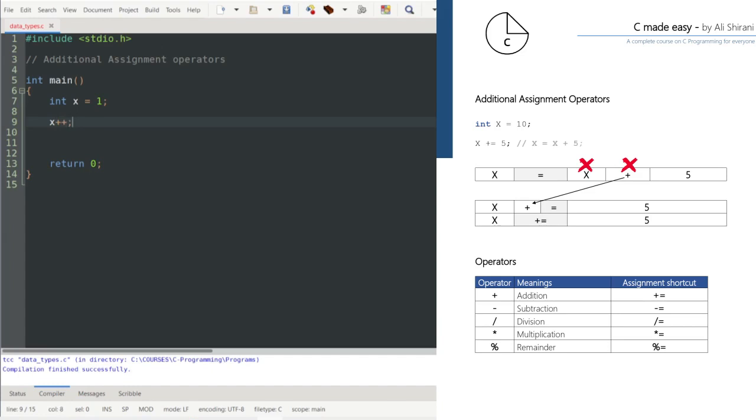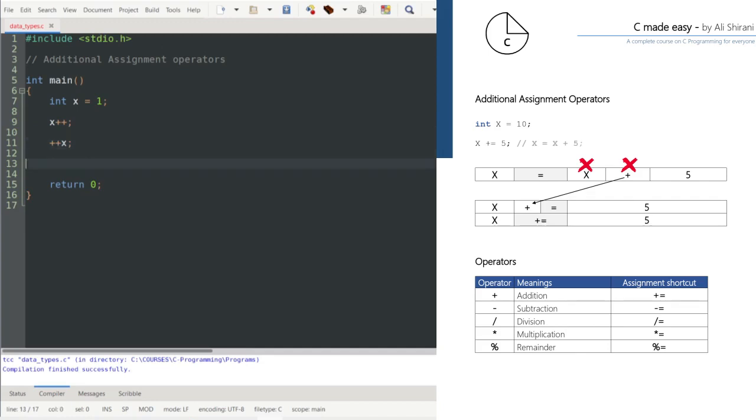It actually is equal to X is equal to X plus 1. Or maybe the shortest form that we had was this. So X plus plus means increase X by 1. Or maybe you can write it as plus plus X. It has the same meaning so far.